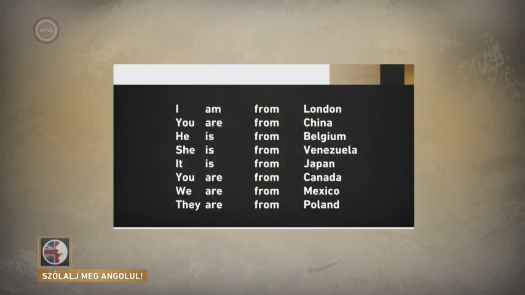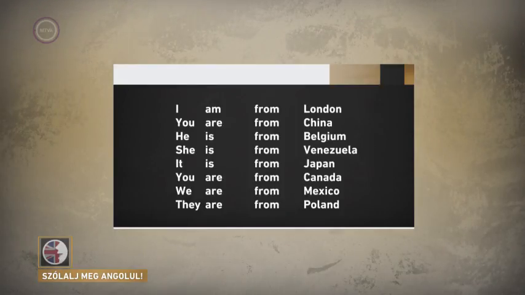Okay, easy. Let's practice that. Easy. The person, the verb to be, from, and the place.